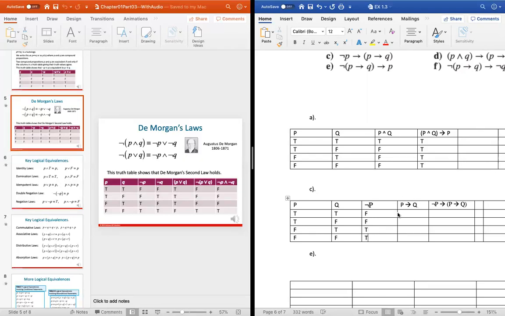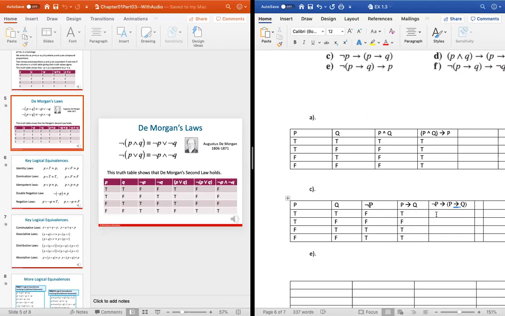We have this P over here, and then we have this Q over here, right? So we say true, false, true, false, true, true.